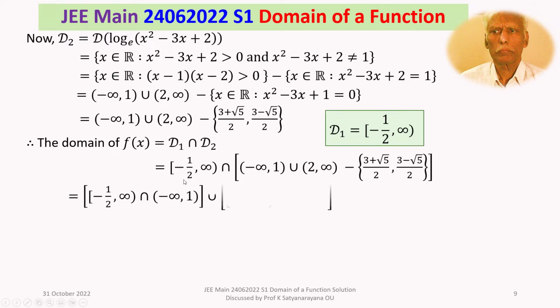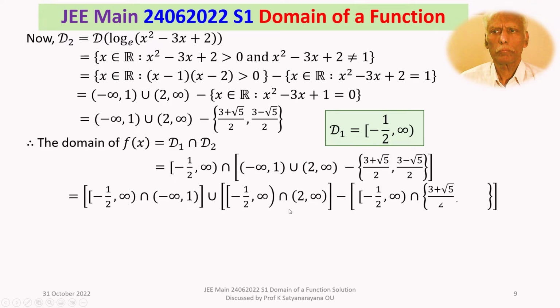The intersection with the first, the intersection with the second, minus the set consisting of 2 points. Now [-1/2, ∞) intersection (-∞, 1) will have [-1/2, 1) only, closed at minus half end.